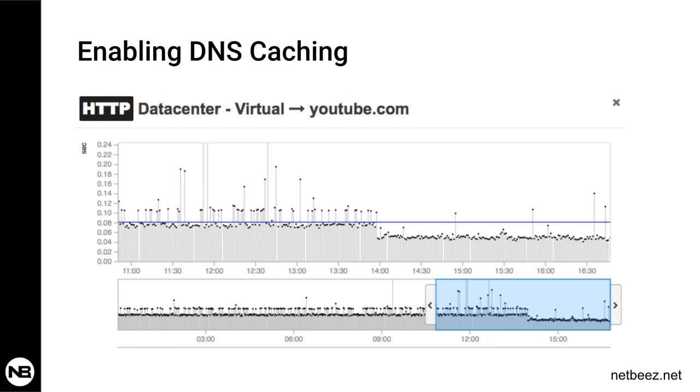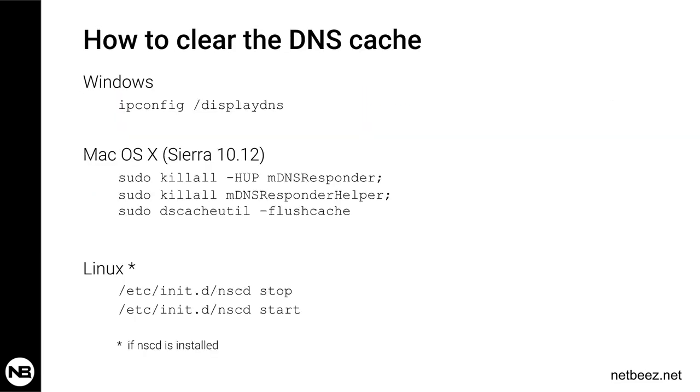Of course, if you look at the y-axis, the improvement is very minimal, about 20% or 25%. But on a page with more content, with more elements, you could see how, again, DNS caching can really help increase your internet speed.